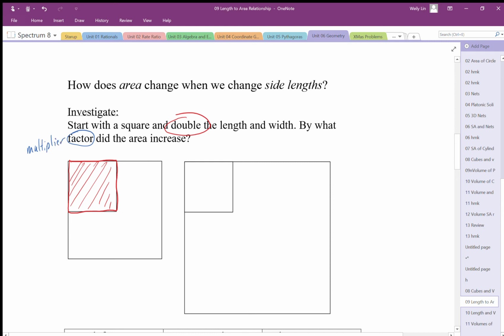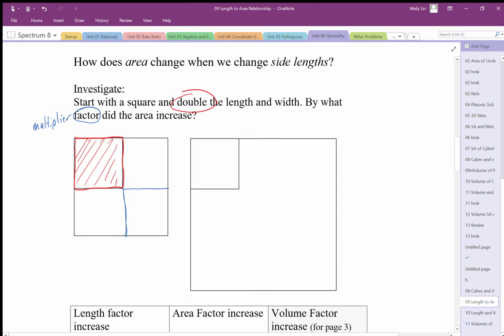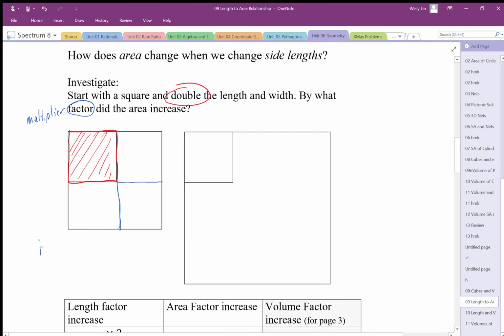By what factor does this area increase? Well, if I draw that in, I can see I went from 1 square to 4 squares. Again, we're not going to say we added 3 squares because we're now talking about a multiplier. The increase is 4 times.